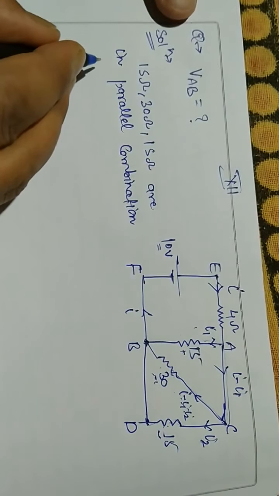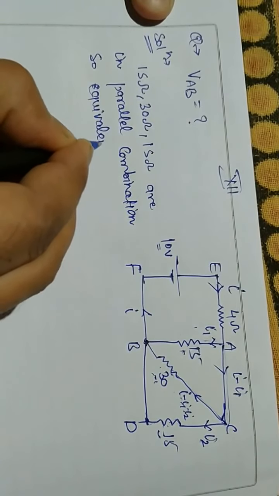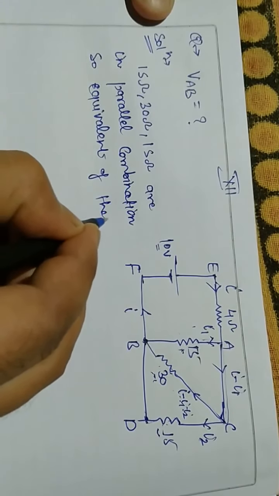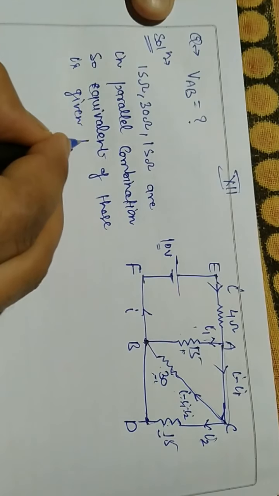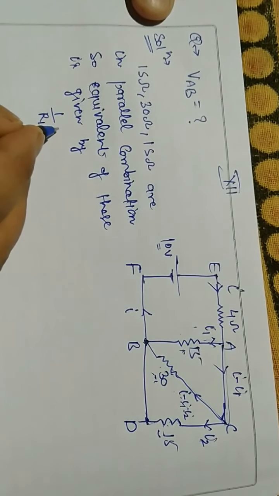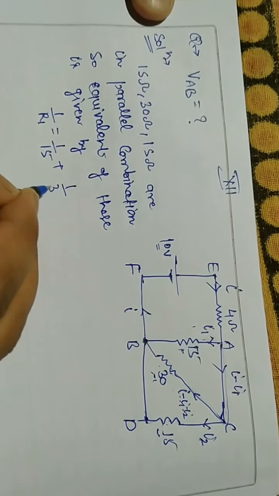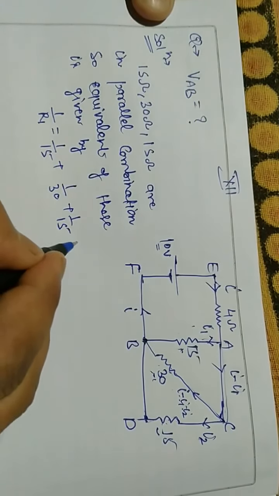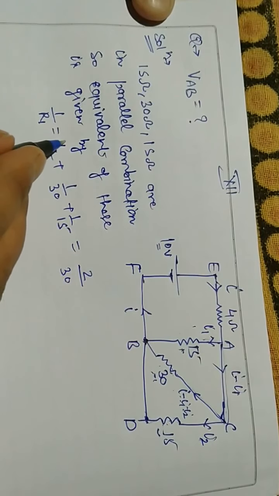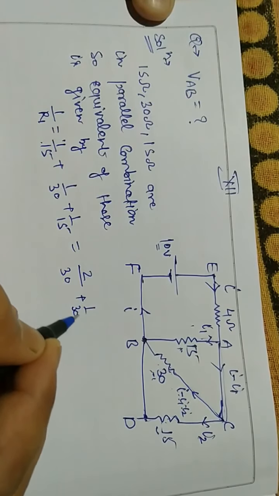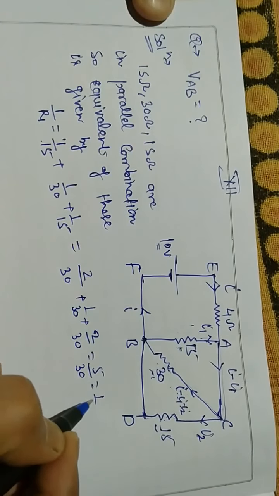Okay, so the equivalent of these is given by 1 by R1, because this is the formula for parallel combination, is equal to 1 by 15 plus 1 by 30 plus 1 by 15, or you can write it as 2 by 30 if you multiply by 2, plus 1 by 30 plus 2 by 30, it will give 5 by 30, it means 1 by 6.